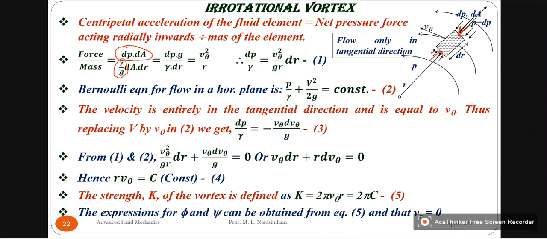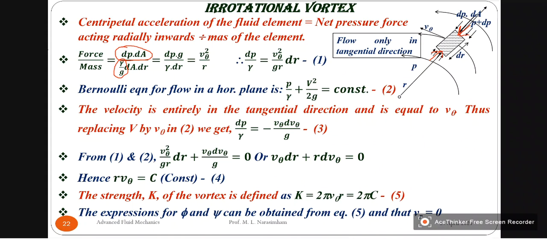Is gamma by g mass? Density, sir. It is mass density. Gamma by g is mass density. So you must be very clear. If you say density, it is not correct. You have to specifically say that it is mass density, because density can be mass density or weight density.